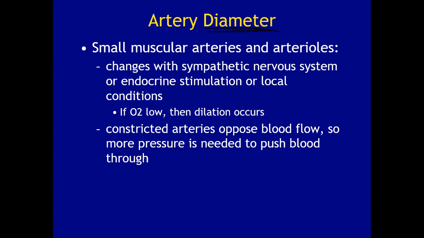So just by tapping your foot, if you start tapping your foot, you need more blood flow to that foot. Okay, and if we constrict those arteries, we're opposing blood flow. We're making it harder. We're dialing down the diameter of the lumen of that vessel. It's going to take a lot more pressure, so the blood's going to want to go the other direction.